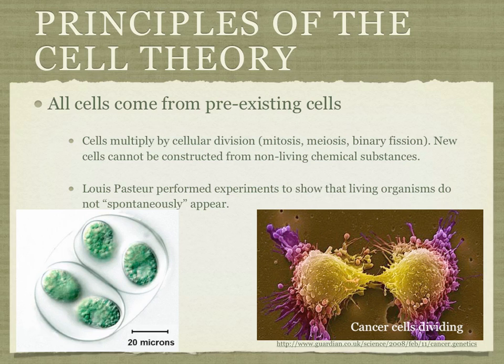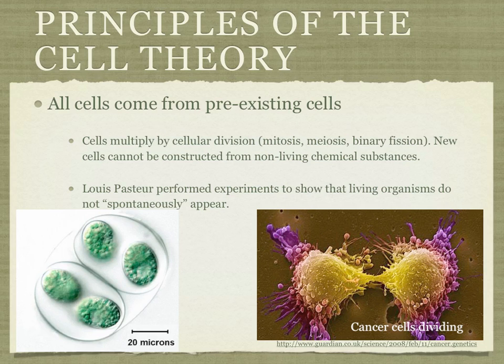Louis Pasteur, whom you may know from previous years, performed experiments to show that living organisms do not spontaneously appear. Before Louis Pasteur, the belief was that microorganisms spontaneously appeared out of nowhere, and that's what made us sick. But we now know that no living organisms spontaneously appear. We come from the division, the reproduction of our parents.